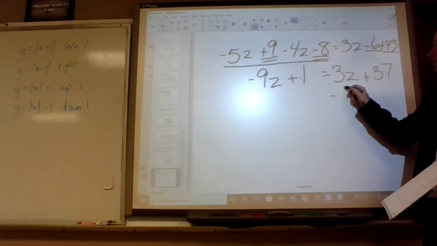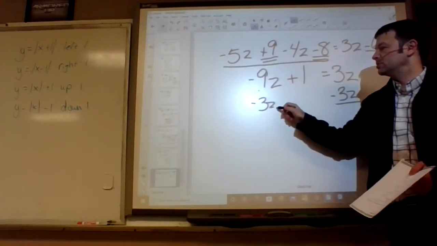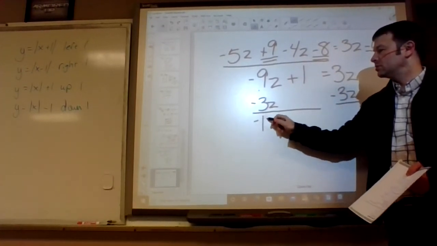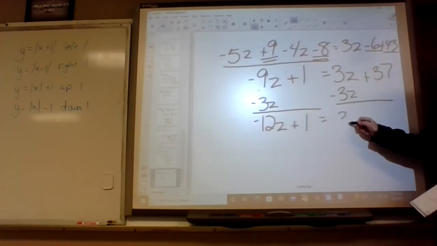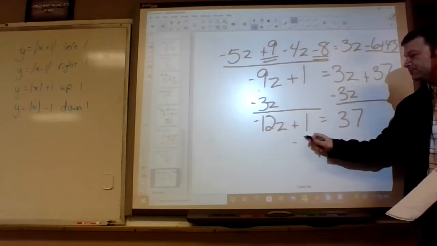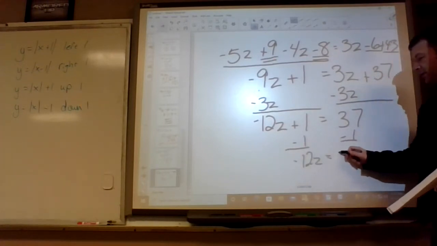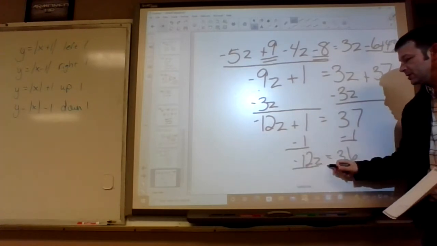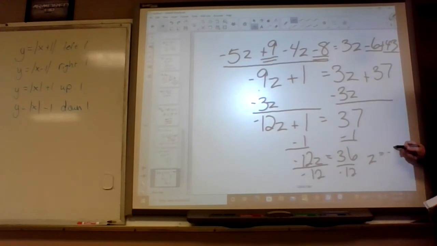Add a positive. Getting close, now what? Minus 1. -12z equals 36. Divide by -12. Z equals.